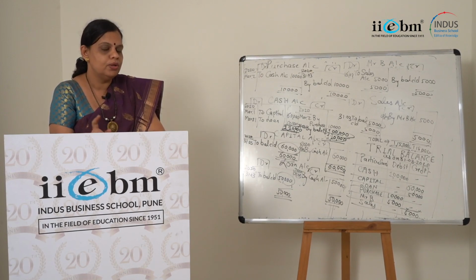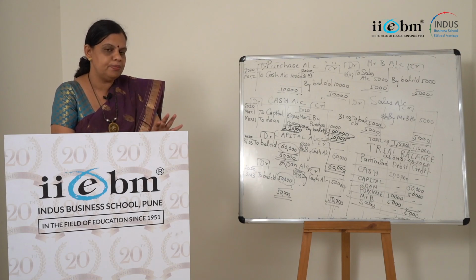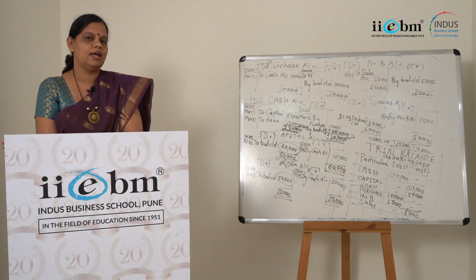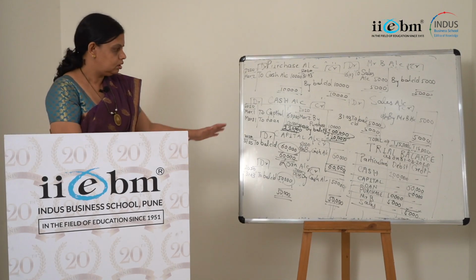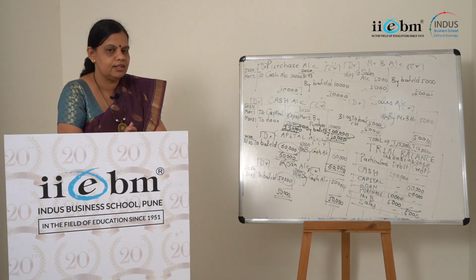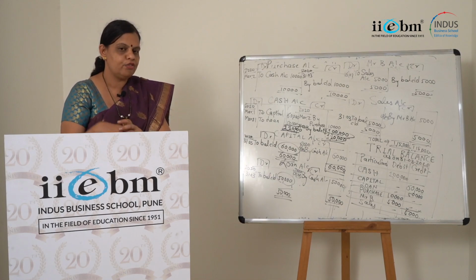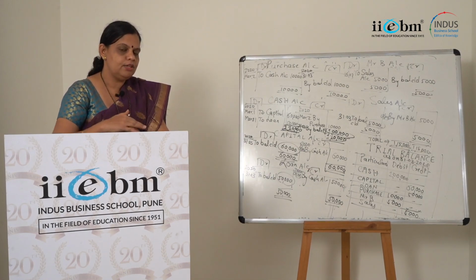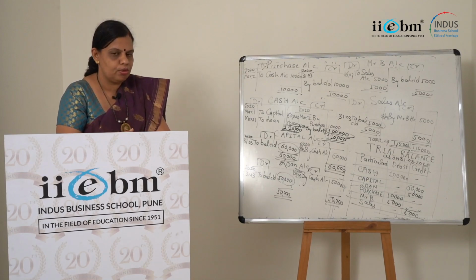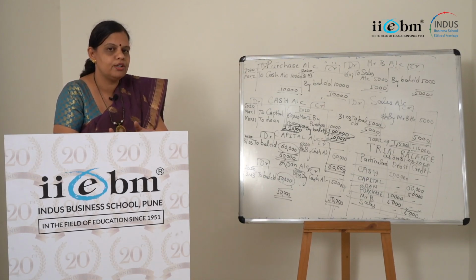Once again I am telling you, debit means your expenses and assets, and credit means your liabilities and incomes. If you understand this particular part, then you can solve any problem, from easy to difficult, provided you have understood both the parts.